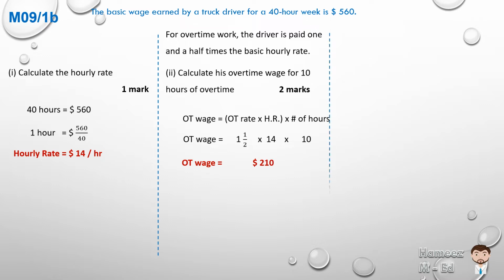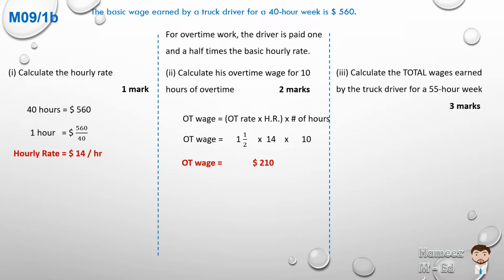Part 3, last part of the question. Calculate the total wages earned by the truck driver for a 55-hour week. So for a normal week, he works 40 hours. And if he's working 55 hours for this particular week, it means he's working 15 hours overtime.